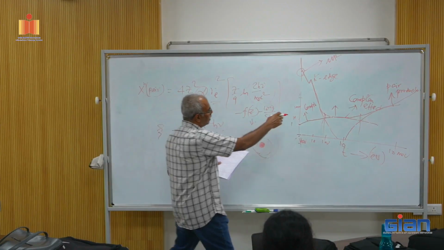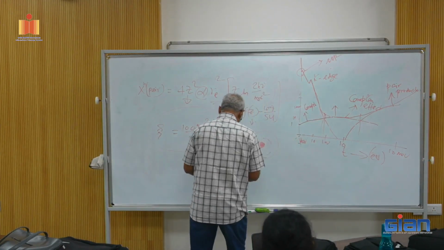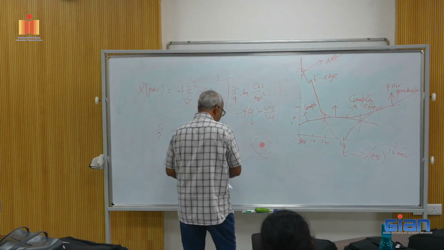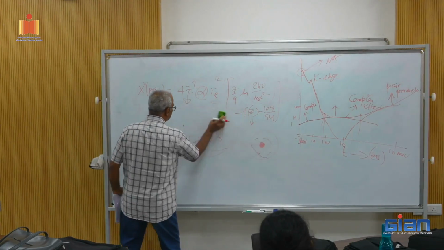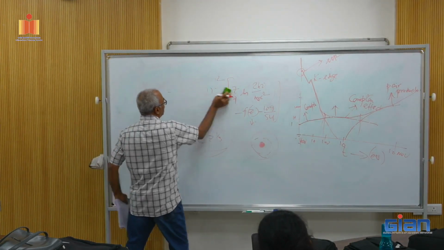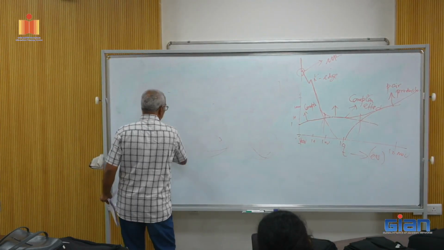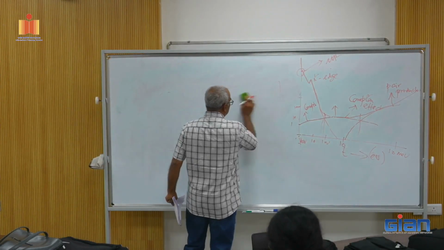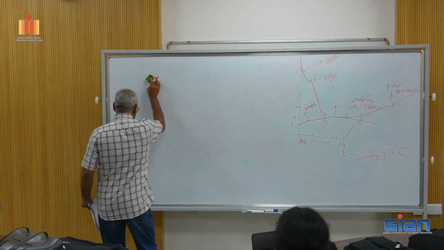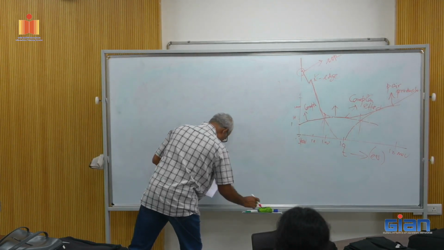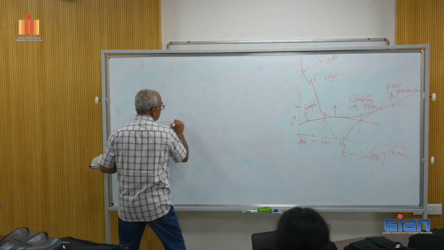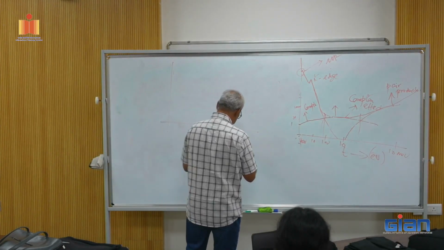So this is the rough graph we have for the various processes: Compton, pair production, and the photoelectric effect. This can also be shown in a different diagram, something like this.